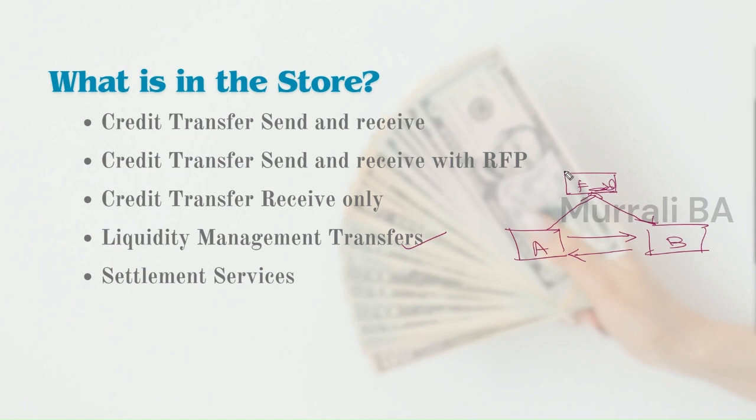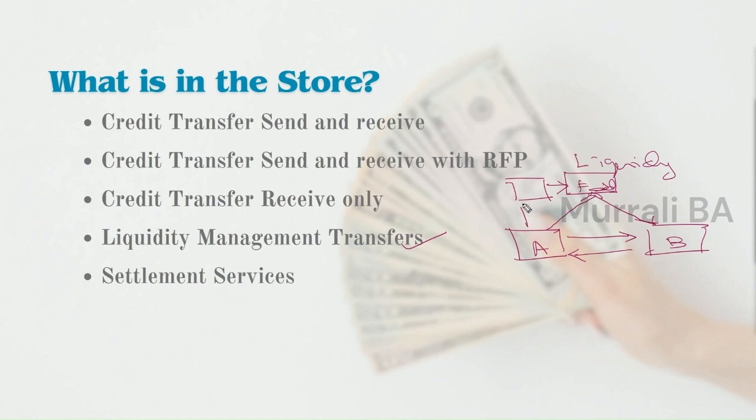In order to make this FedNow transfer, all the banks have to keep liquidity all the time, which means they have to have enough cash all the time. If not, then all the payments will be rejected. So that is why you can request any other bank to push this liquidity amount on your behalf.